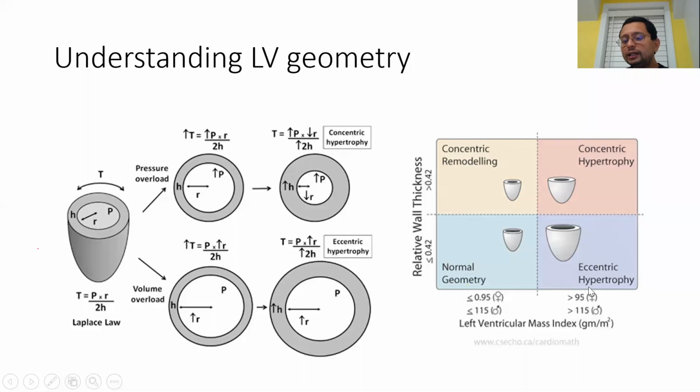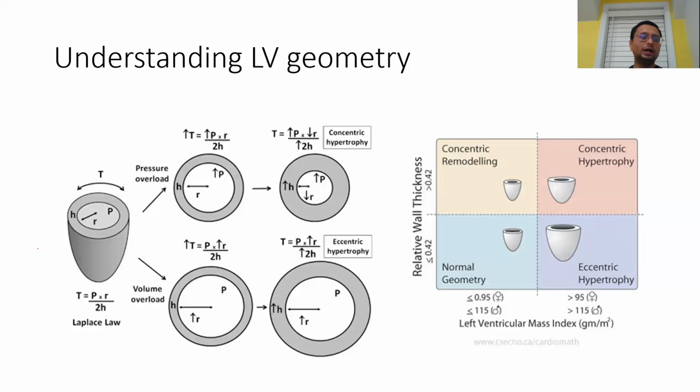If the left ventricular mass index is more than 115 grams per meter squared, and the relative wall thickness is less than 0.42, this is eccentric hypertrophy. The left ventricle is heavy, but the wall is thin compared to the cavity. If it's more than 115 and the relative wall thickness is more than 0.42, that is concentric hypertrophy. Not only is the left ventricle heavy, the wall is also thick compared to the left ventricular cavity.